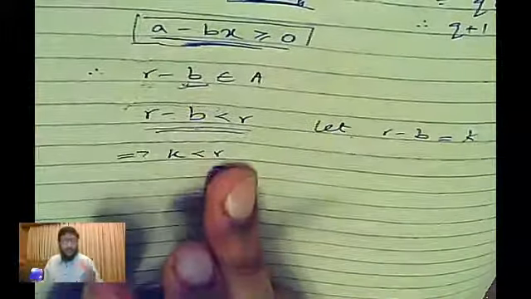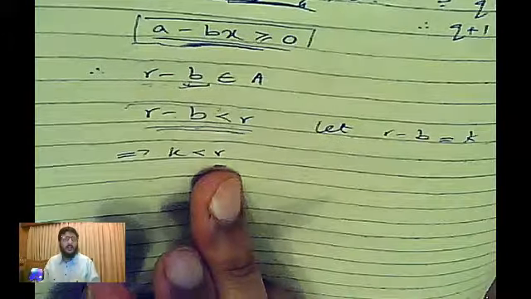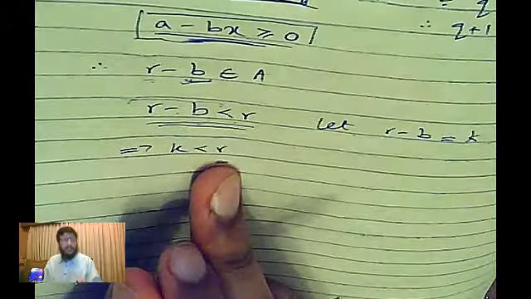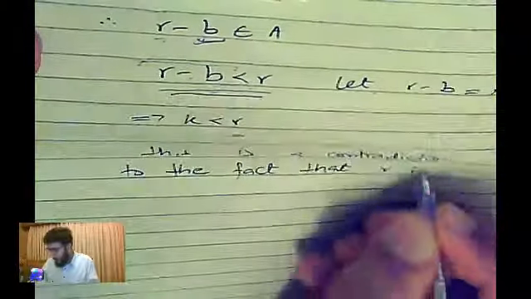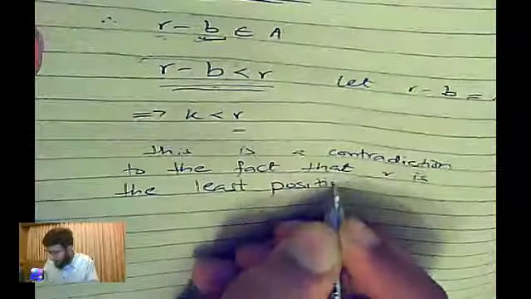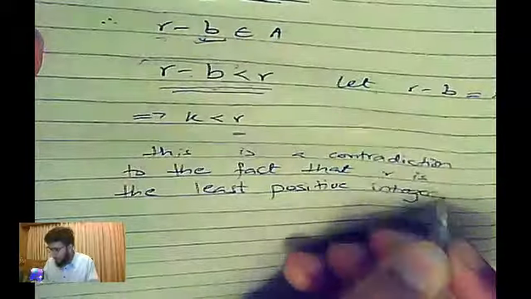There cannot be any number that is smaller than r, but k, which is not equal to 0, is indeed smaller than r, which is against all of our suppositions. So we will write this is a contradiction to the fact that r is the least positive integer.